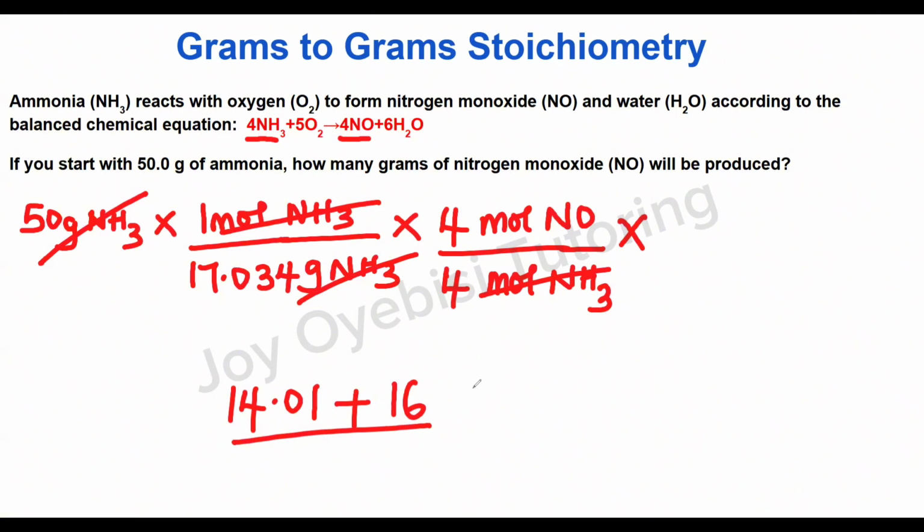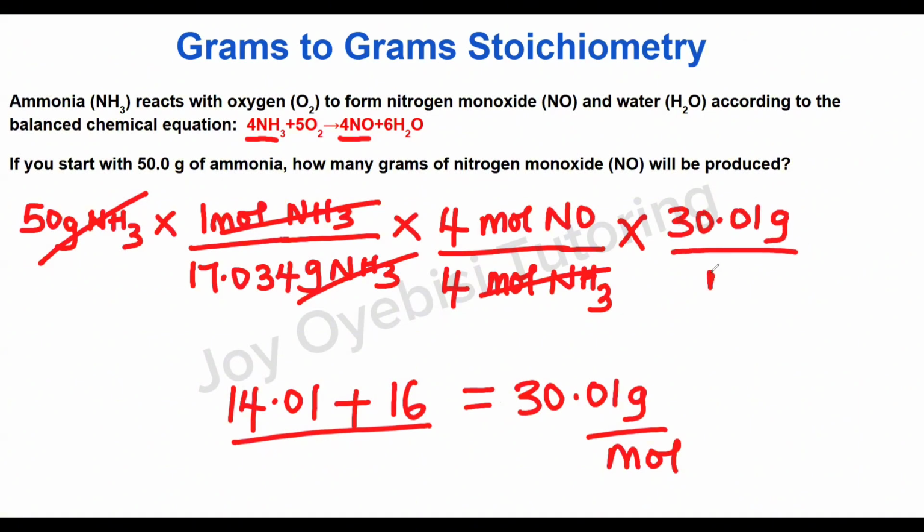When you add these two up, it gives us 30.01 grams per mole. Since what we are trying to find is grams, the gram stays on top this time, okay? While the moles be down here. And remember, this is nitrogen monoxide. The moles will then cancel out since they're on opposite side, and we have the grams of nitrogen monoxide that we need.